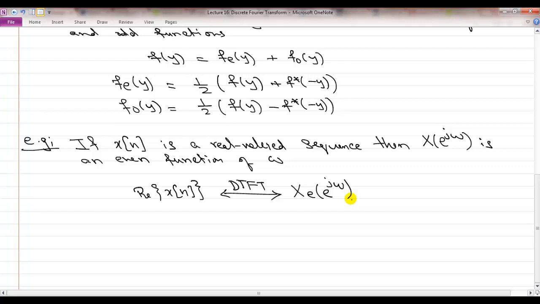That is the reason why we mostly only plot our discrete time Fourier transform, the continuous time Fourier transform, in an even way, because we assume that we are dealing with real valued sequences or functions.